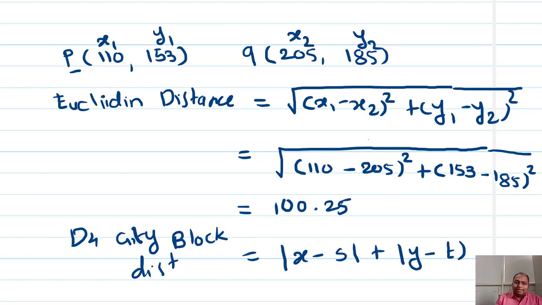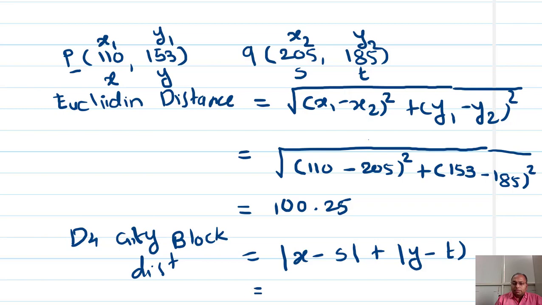Let us take the same pixels having those coordinates. Over here x1 is termed as x, y1 is termed as y, x2 is termed as s, and y2 is termed as t. That is the only change.